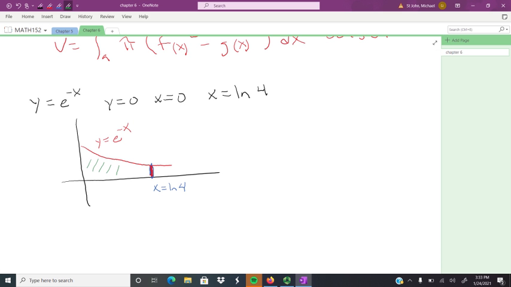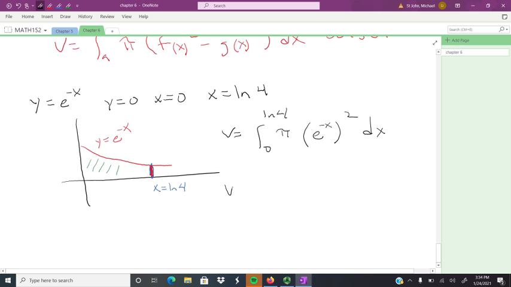Right? So my volume, V, is going to be given by the integral from 0 to the natural log of 4 of pi e to the minus x squared dx. So V equals, the pi can come out, the integral from 0 to the natural log of 4 of e to the minus 2x.